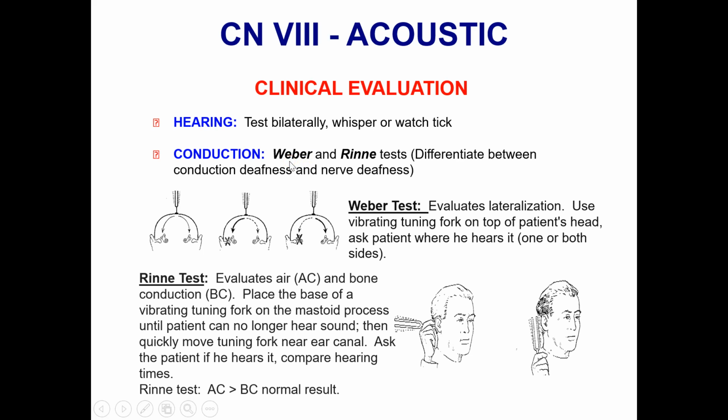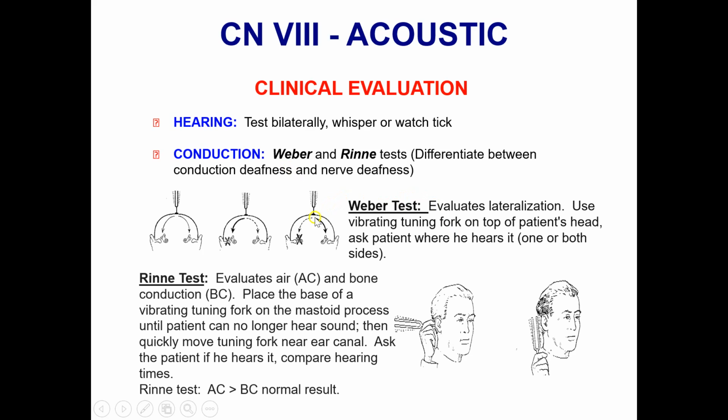In Rinne's test, air conduction is compared with bone conduction. Usually, air conduction is more than bone conduction. In some disorders, for example sensorineural deafness, it may be reversed or absent.